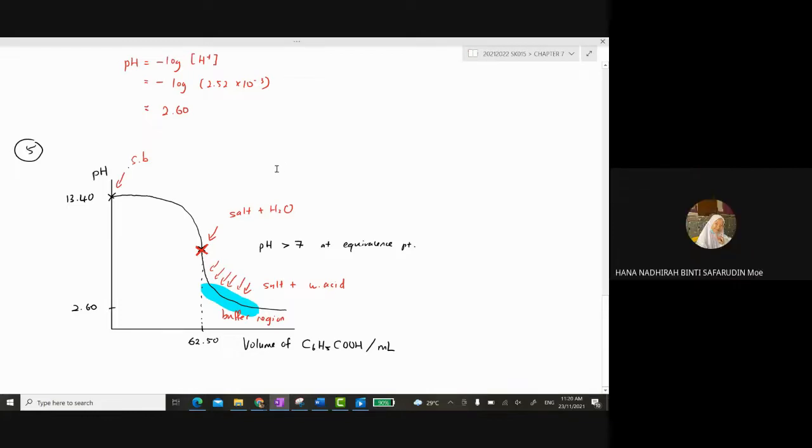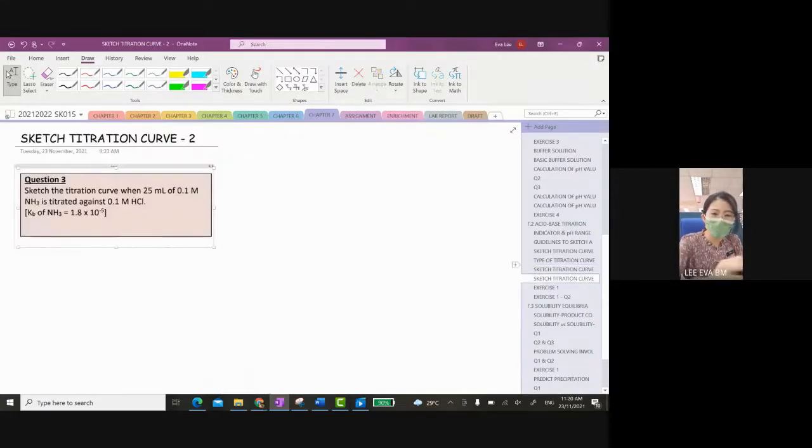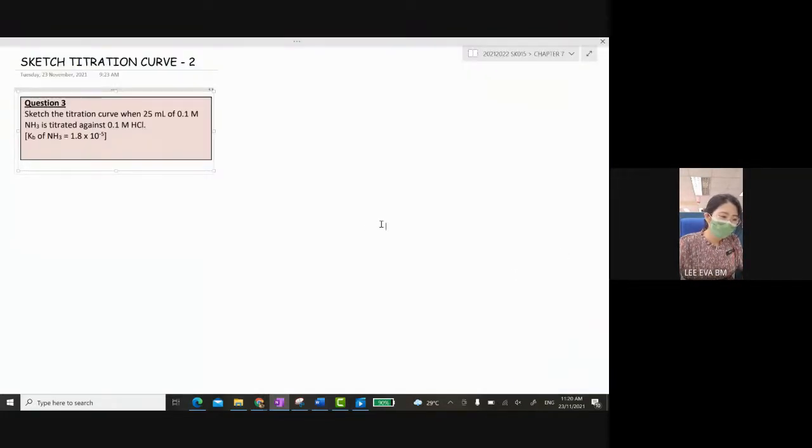Okay, so we try one more question, which is question number 3. Still the combination between a weak species and a strong species. Let me know which one is your analyte.